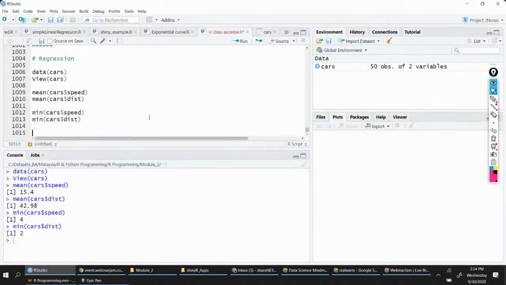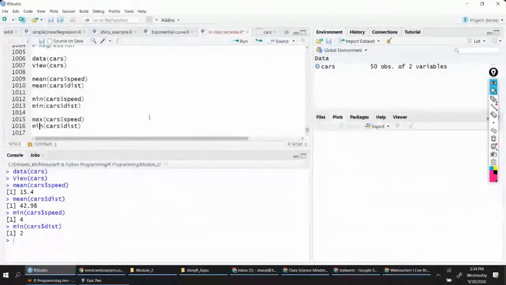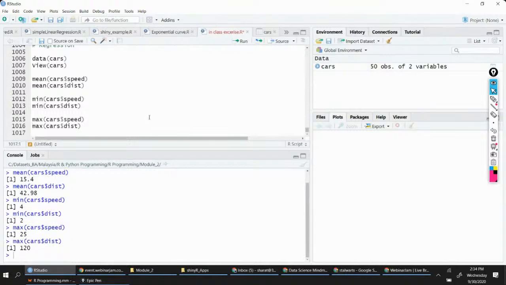Similarly, I'll do max. I'll just copy these two and paste these two. So the spread of the data is being interpreted here. Maximum distance is 120 kilometers. Speed is 25 kilometers per hour, probably, right? So that's the range, the spread of the data.